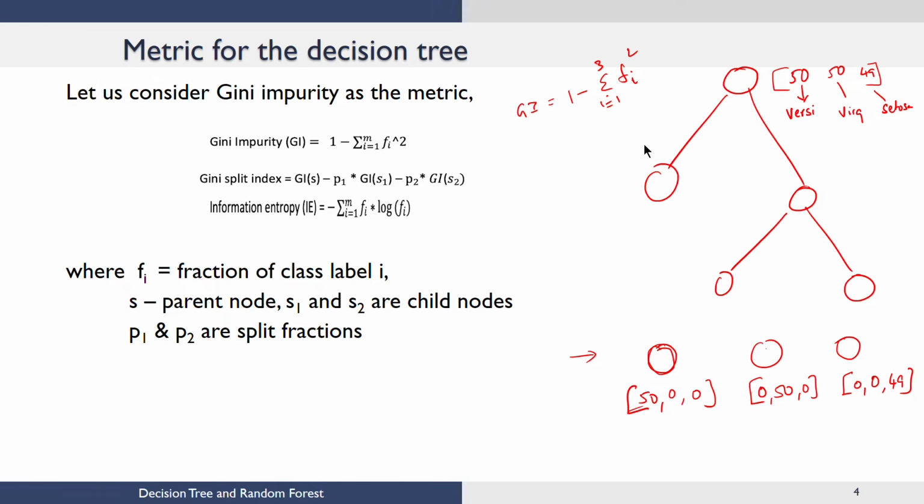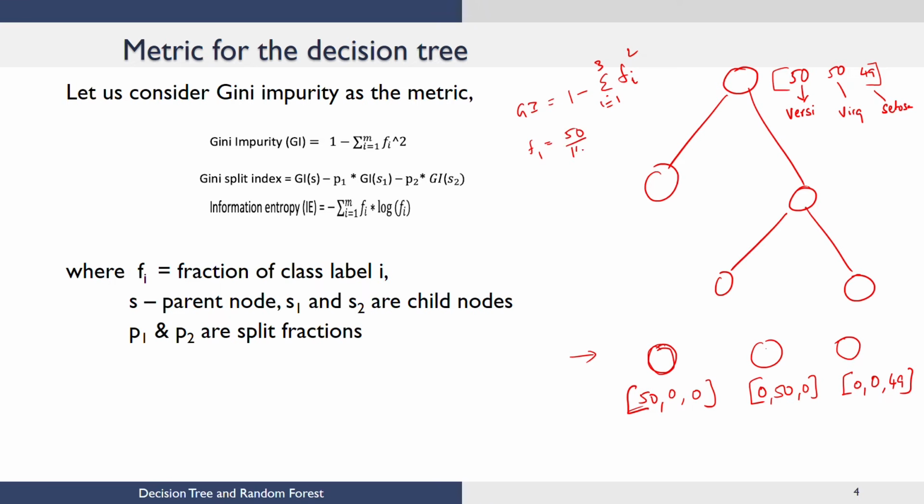There are 3 classes, and each f computes the fraction of samples from a particular class in the total set. For example, for versicolor, f1, the number of samples in this data set of versicolor is 50, and the total number of samples is 149.